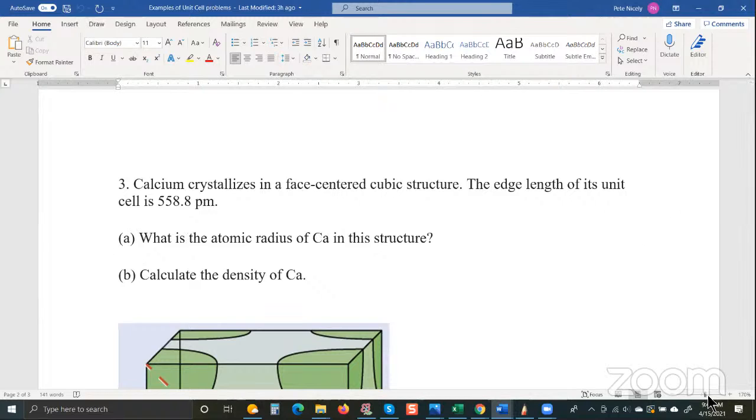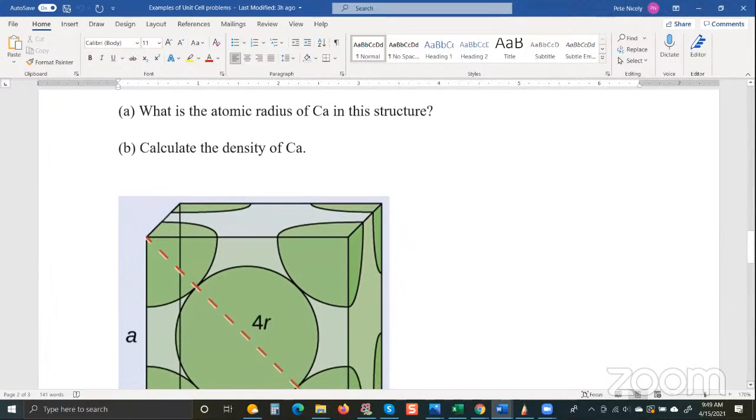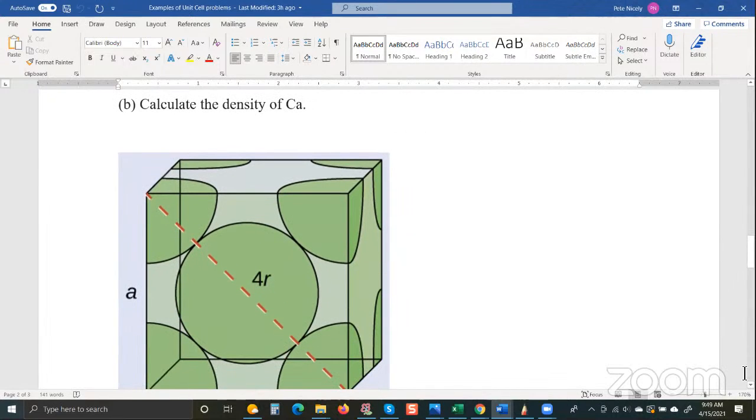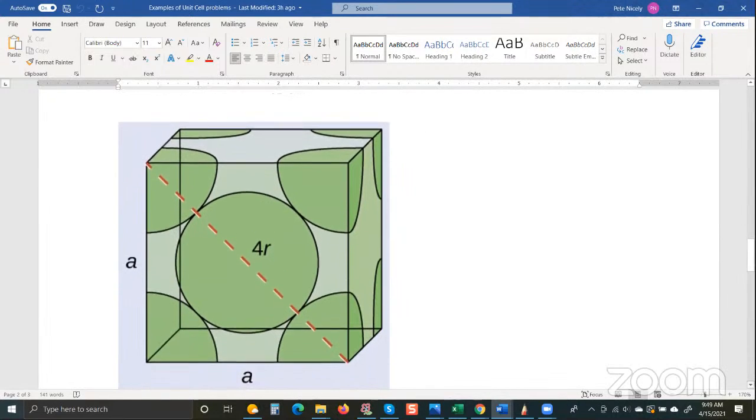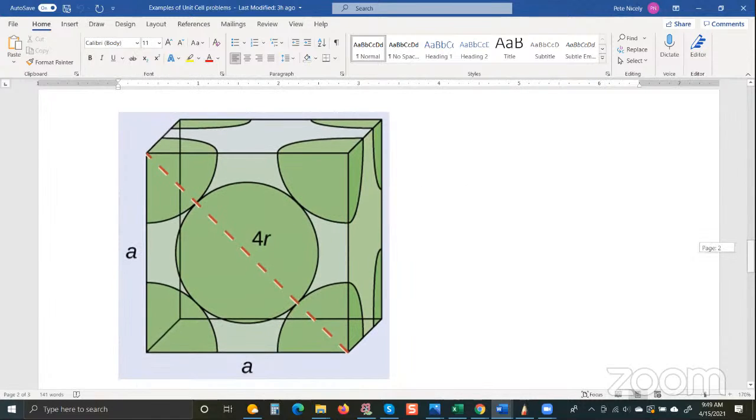So again, we have to get a three-dimensional feel for the structure. Face-centered basically means that on one face of the cube you have a whole atom of the element here, while the corners will have 1/8 of an atom each, all right? So that's the face-centered cubic structure.